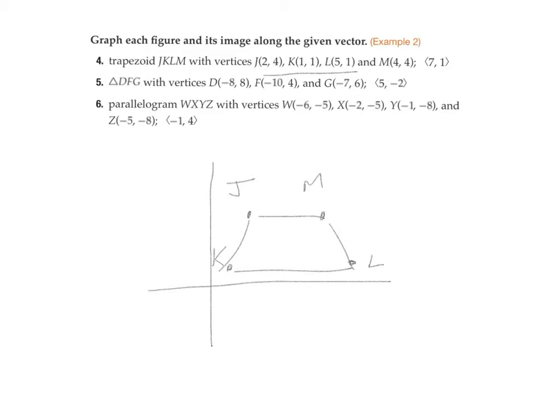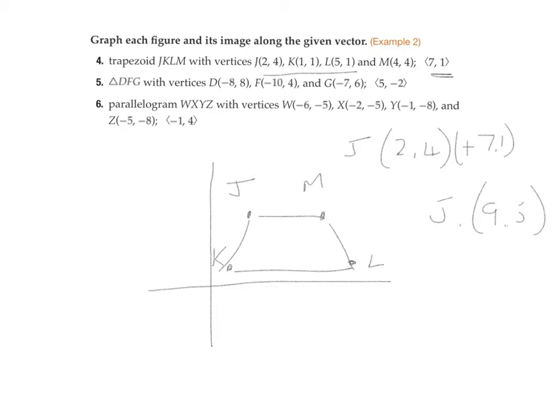And you're going to translate everything 7, 1. So for every point, you're going to add 7 and 1. If we take J, we've got our 2, 4, and we're going to add 7, 1 to it, and then plot the new point. So J dash is going to be the 2 plus the 7, so that's going to be 9. 4 plus the 1 is going to give you 5.